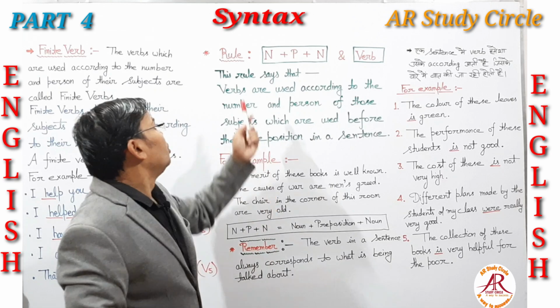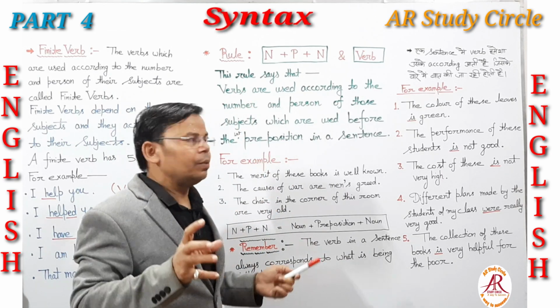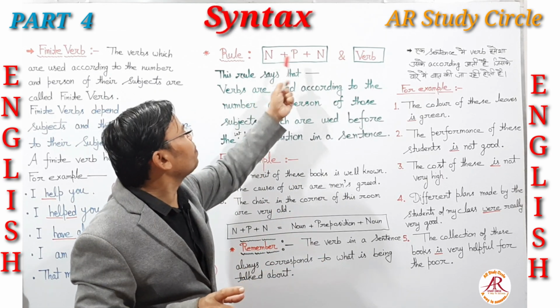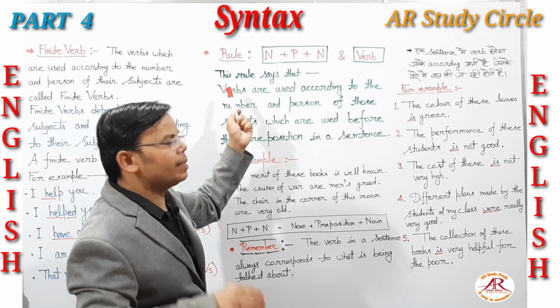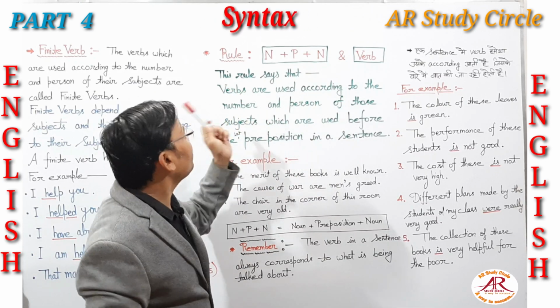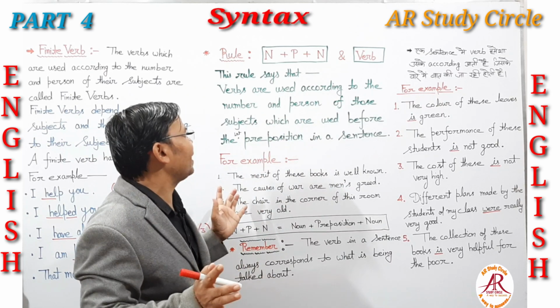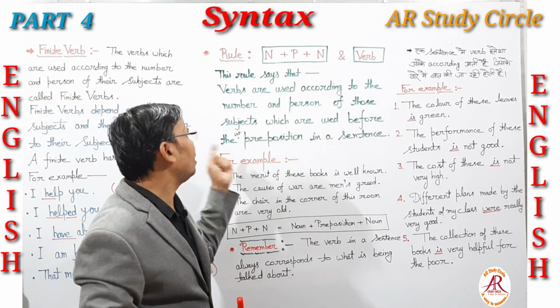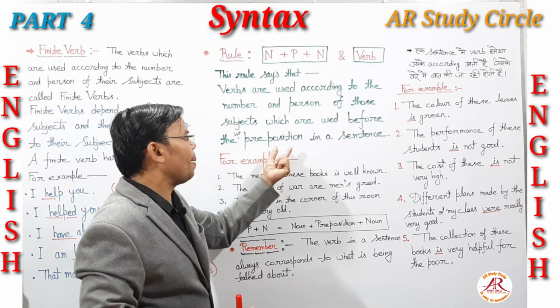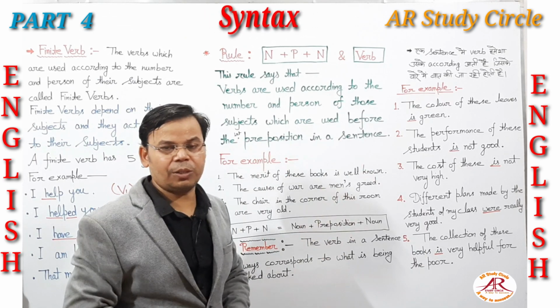So what does this rule say? The rule N plus P plus N says that verbs are used according to the number and person of those subjects which are used before the first preposition in a sentence.